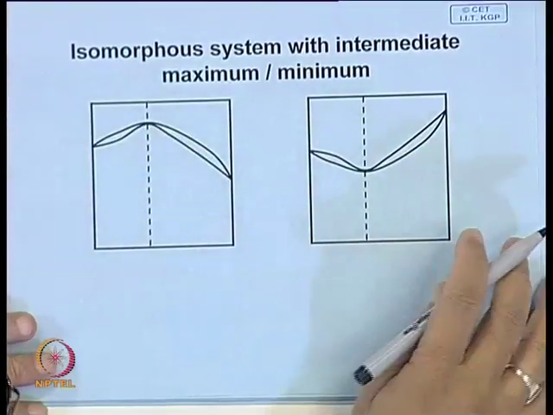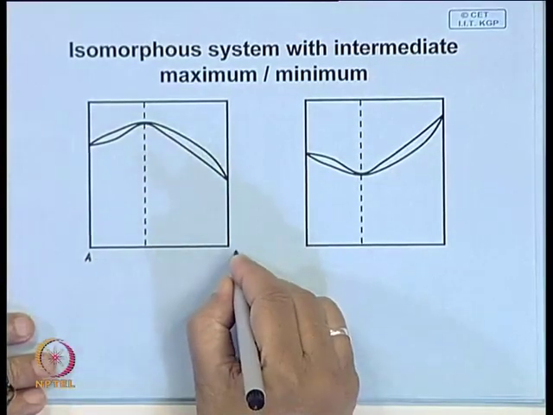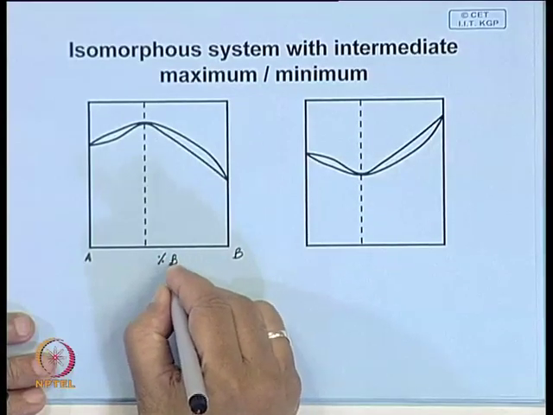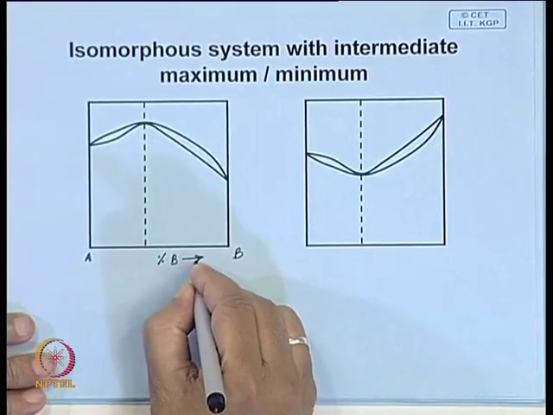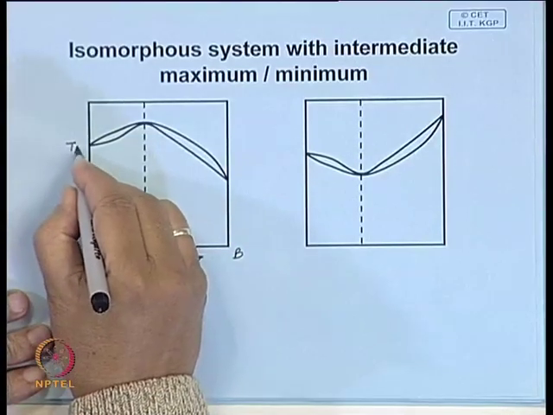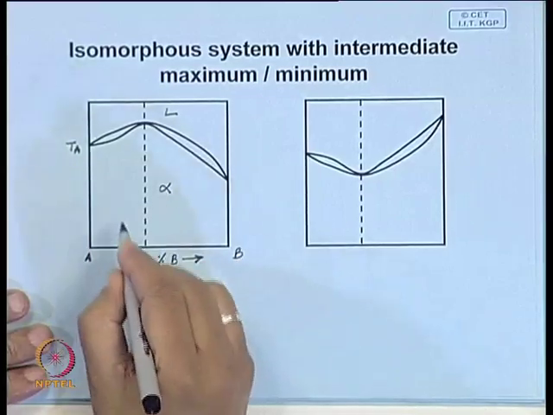Suppose this is pure A, this is B, you have weight percentage B plotted along this axis. This is the melting point of A, here it is liquid and here it is alpha.